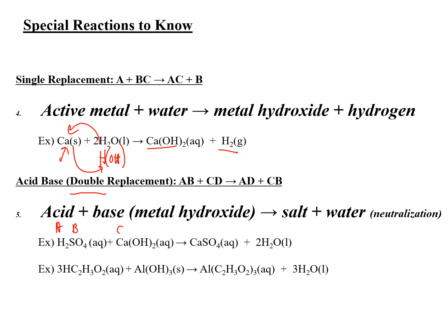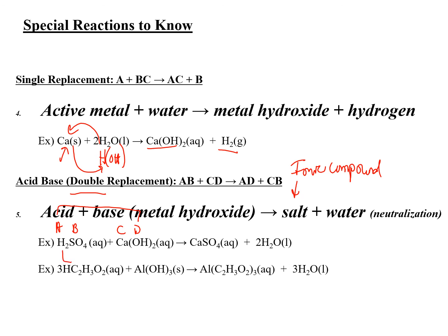So we just do exactly what we did with our double replacements. It's outside, inside. But notice how on the outside, we have H and OH, that forms H2O. So an acid and a metal hydroxide base always give a salt, which is just another name for an ionic compound, and water.